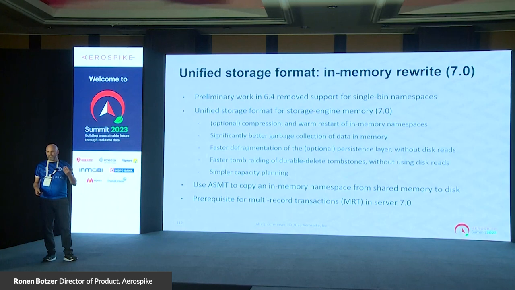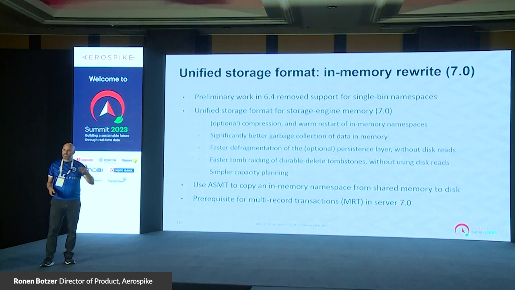Now they're mirrors of each other, so we can do that completely in memory. So if you're in memory, persisted to disk, and the persistence layer was causing back pressure, that goes away because they're exact copies of each other.